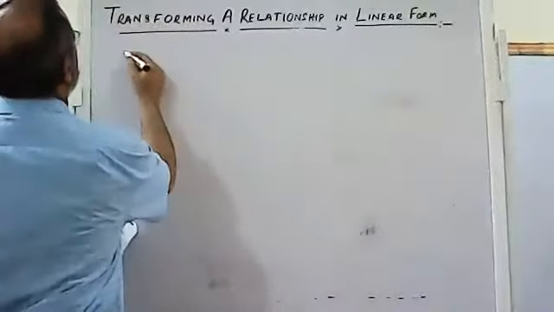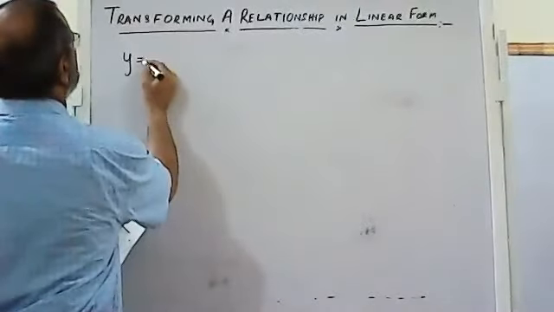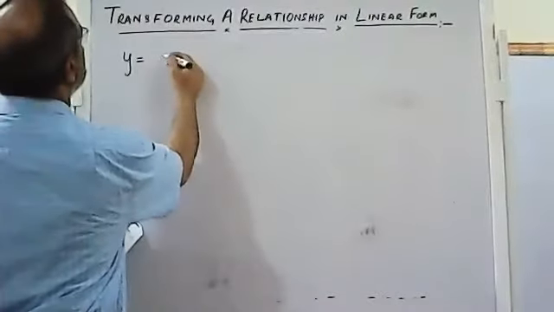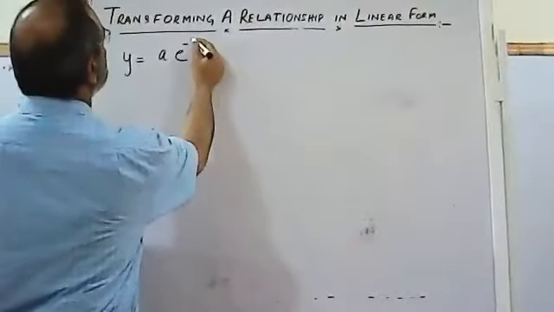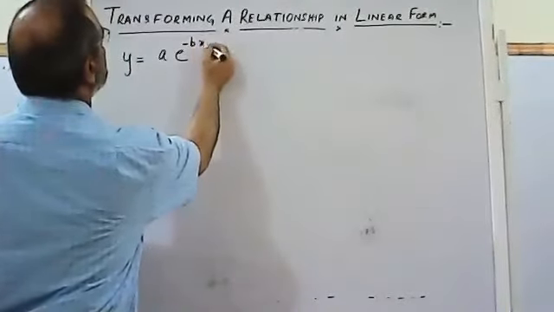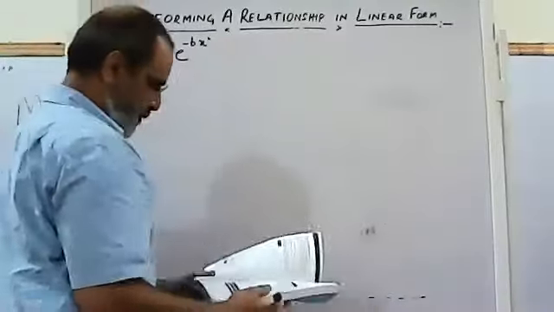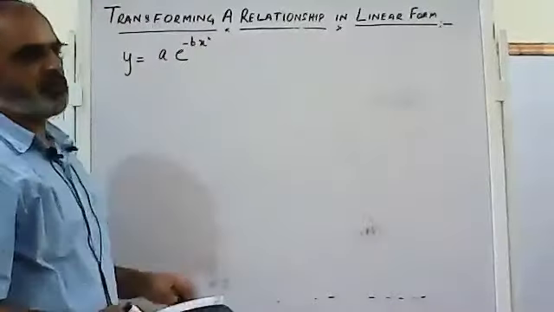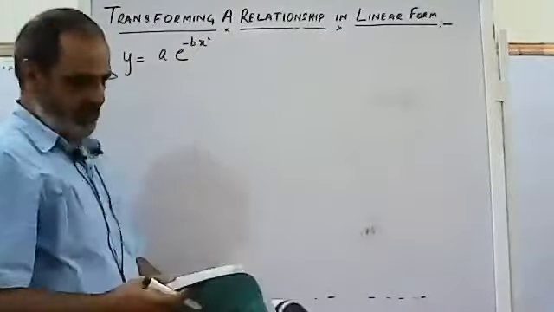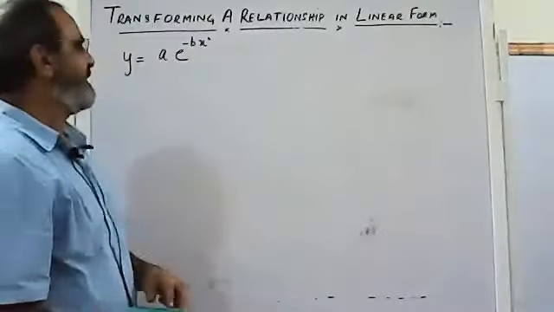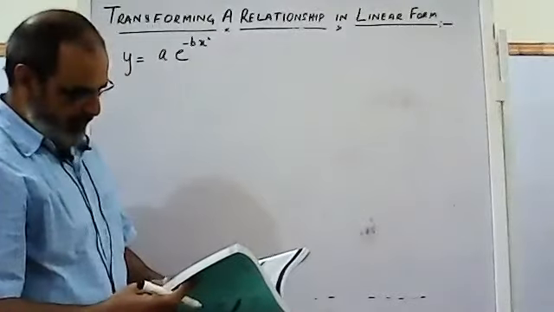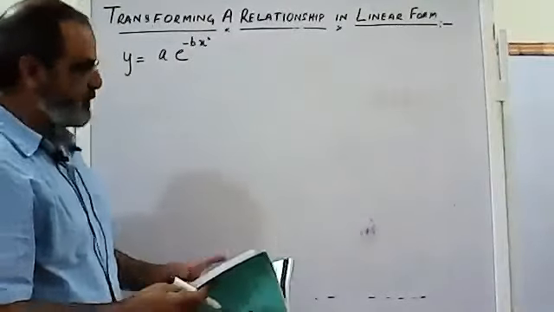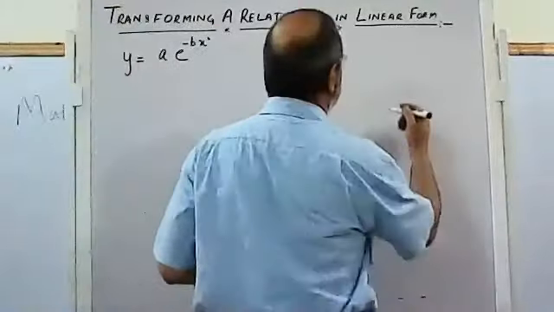We have an equation y is equal to, where a and b are constant and y and x are the two variables which satisfy this equation. The graph of ln of y against x square. A graph is given to us.